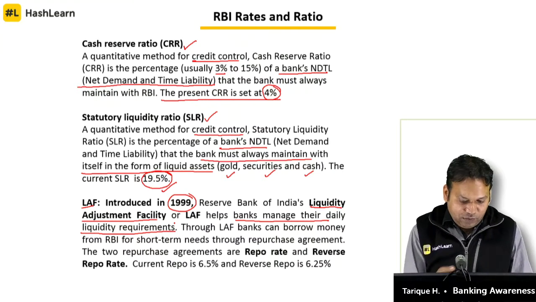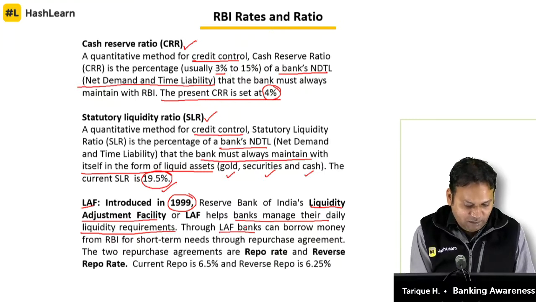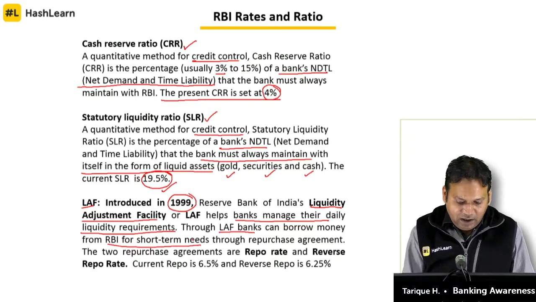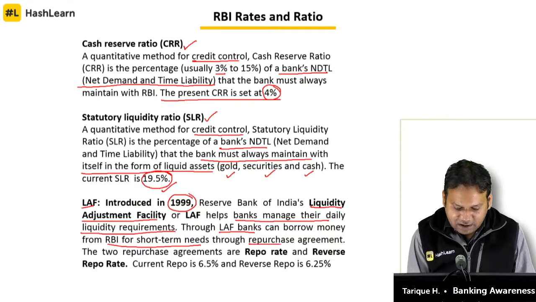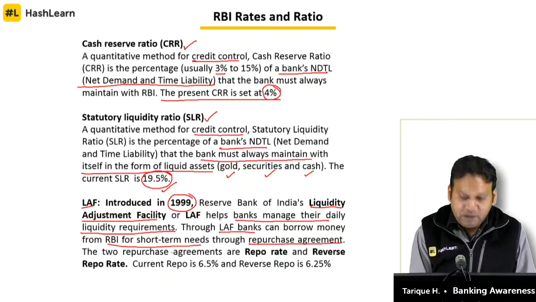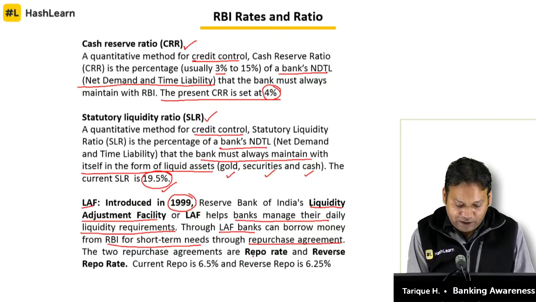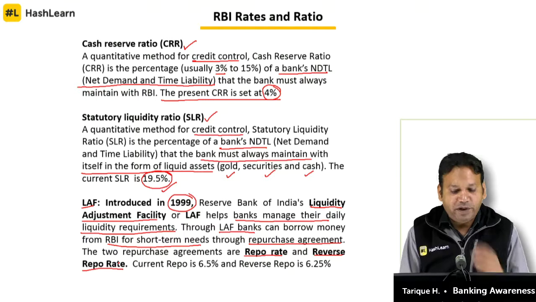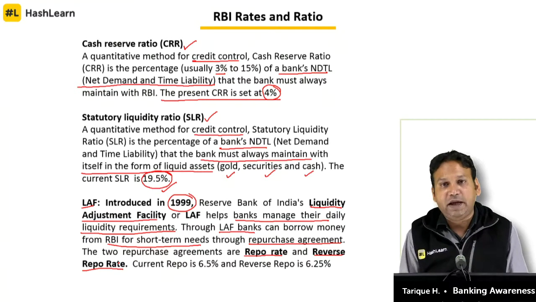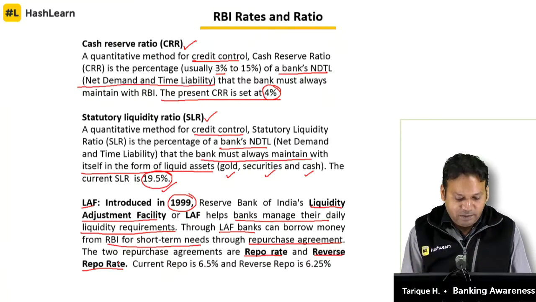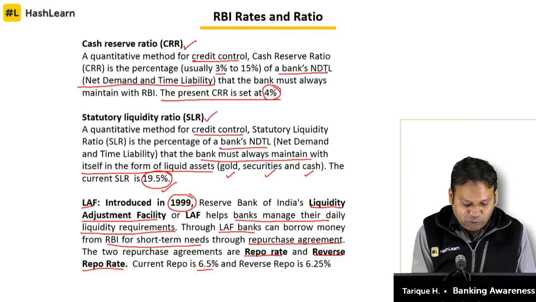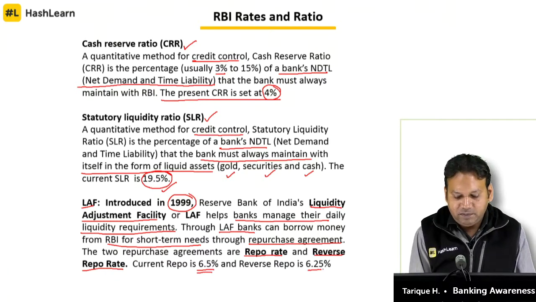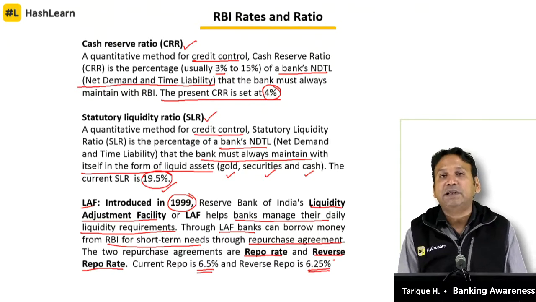Clear? Now through LAF, banks can borrow money from RBI for short term needs through repurchase agreements. The two repurchase agreements are repo rate and reverse repo rate. So ये दो चीजें हैं जो कि काफी इंपॉर्टेंट है आपके बैंकिंग इंडस्ट्री की नॉलेज के लिए. एक है रेपो रेट और एक है रिवर्स रेपो रेट. करंट रेपो रेट is 6.5% and reverse repo rate is 6.25%.